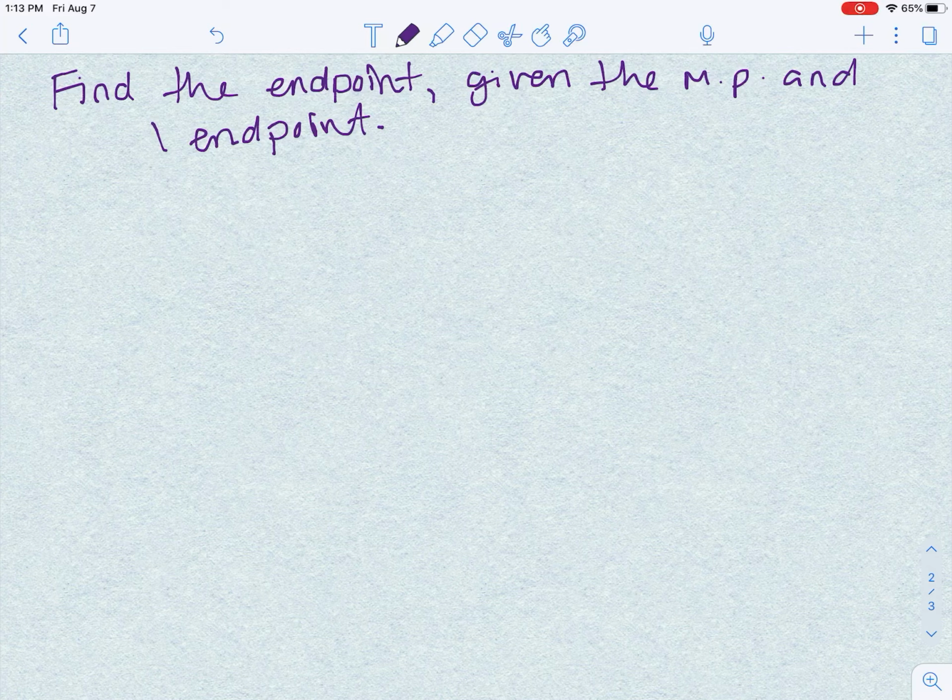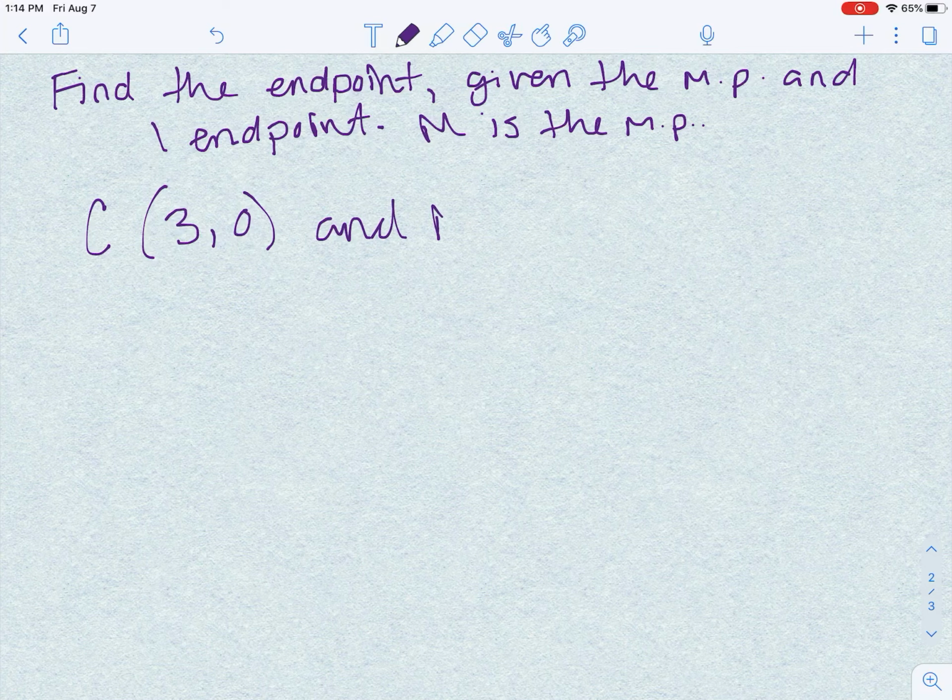And for these two examples, I'm just going to tell you now that M is going to be the midpoint. It's not always, but for these two, it is going to be the midpoint. So I'm going to give you one point that is called C, which is at (3, 0). And then I'm going to give you the midpoint, M, at (3, 4). So be very careful with how you label these because this is not x1, y1, x2, y2. This one is our midpoint and an end point.